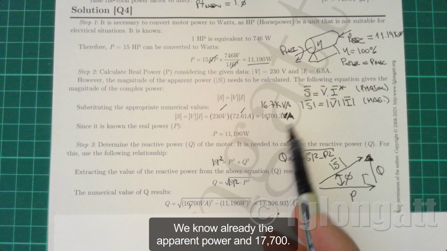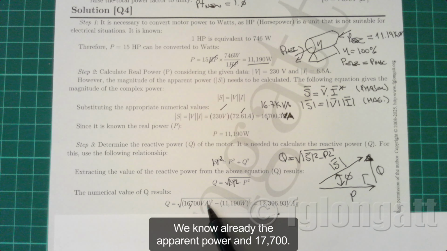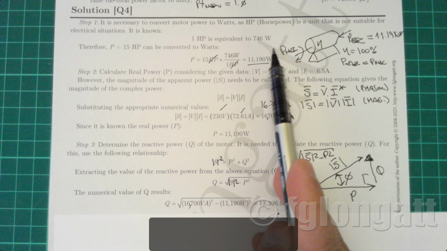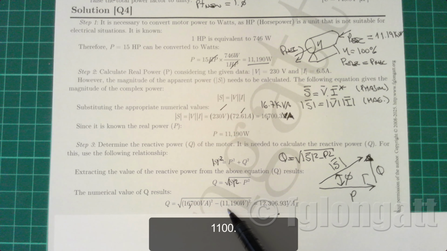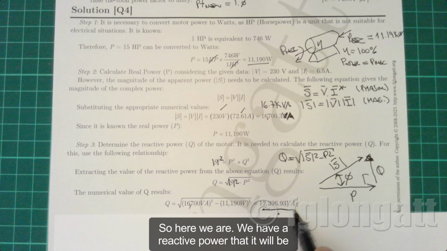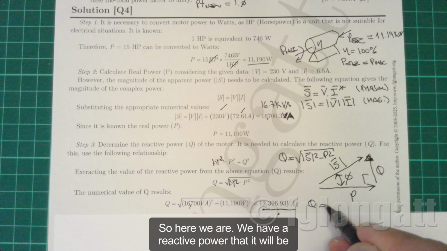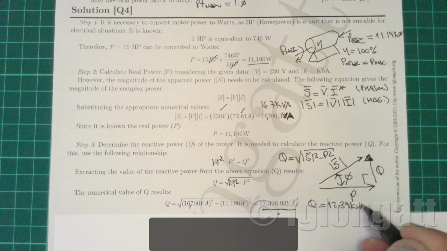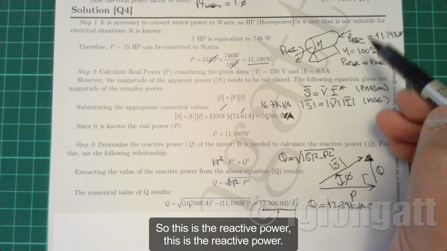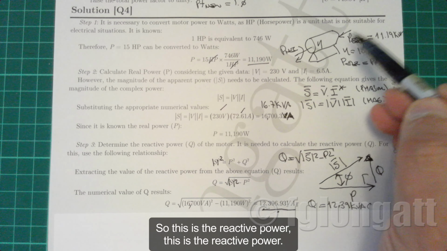We already know the apparent power, 16,700. We know the active power, 11,190 watts. So here we have the reactive power that is 12.39 kVAr, okay? So this is the reactive power.